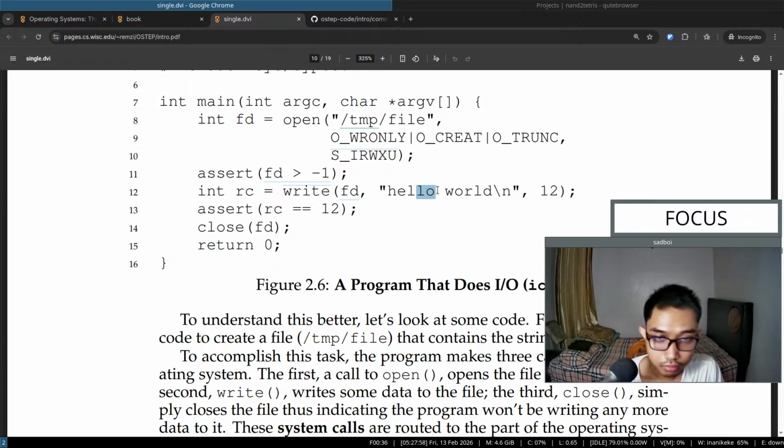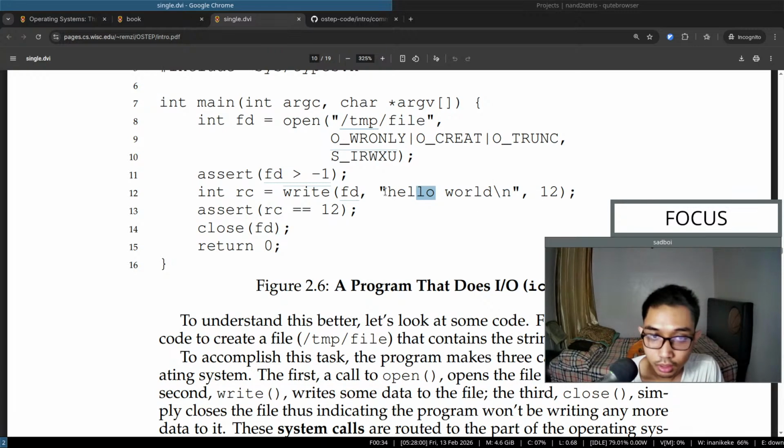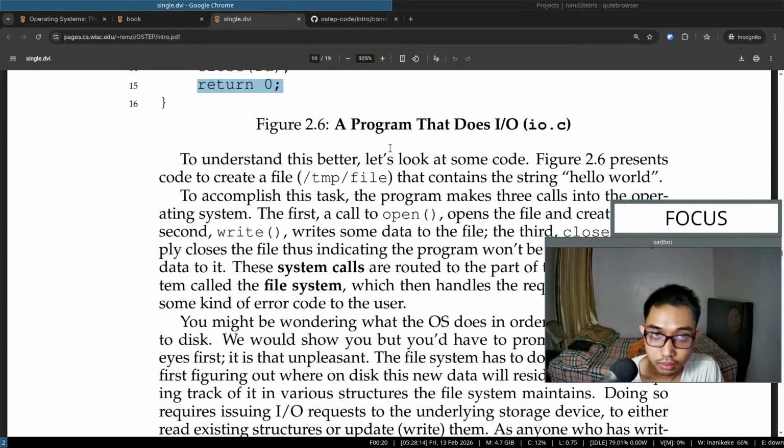Okay, here's 12. If not equal to 12, throw an error again, and then we close the file and return 0.